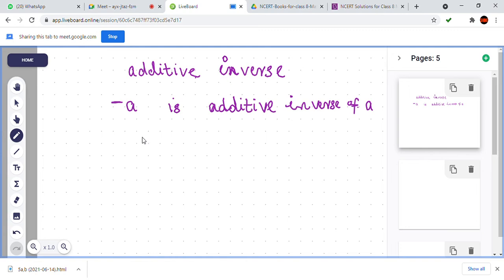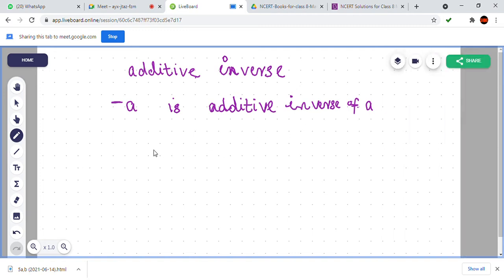Then can you say what is the sum of a rational number and its additive inverse? For example, the additive inverse of 5 is minus 5. What do you think? 0. Because a plus negative a is 0. Below you can write: a plus negative a is 0.